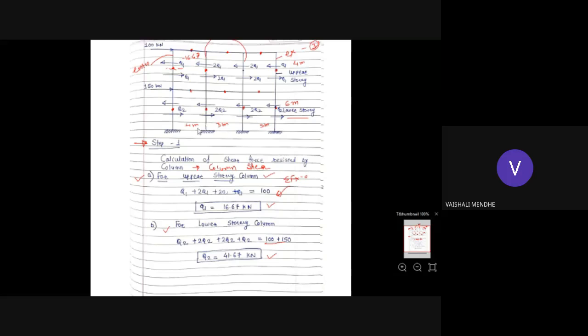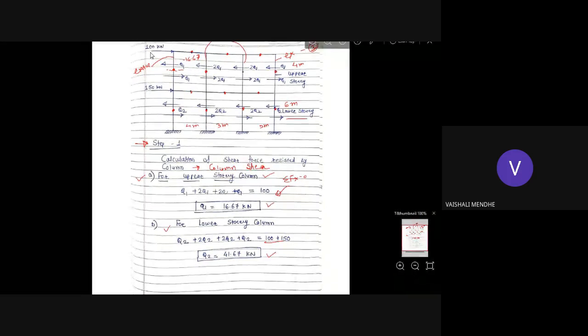So this way we have found out the column shears, using this lateral load. So Q1 you got is 16.667 kilonewton and Q2 you got is 41.67 kilonewton. Now after getting this value you have to distribute the shear as per assumption 3.